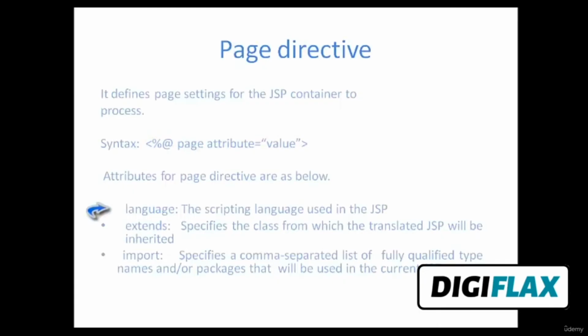Language. The scripting language used in the JSP. Extends attribute. It specifies the class from which the translated JSP will be inherited. Import attribute. It specifies a comma-separated list of fully qualified type names and packages that will be used in the current JSP.